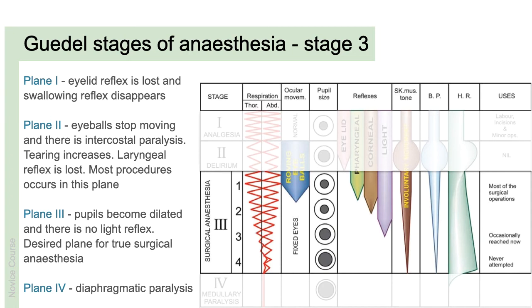However, although we can't emerge a patient from anaesthesia in stage 3, what we might be able to do is perform various advanced extubation techniques, which we'll talk about later. And this is where we talk about deep extubation.